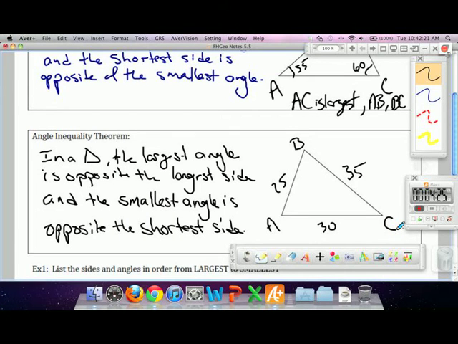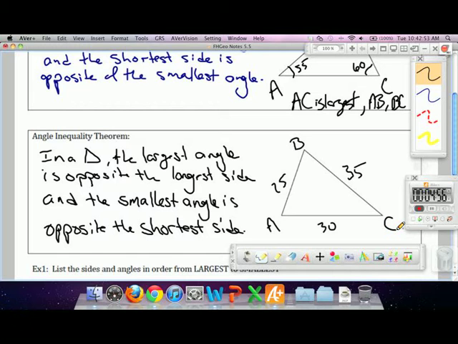So here's the longest side. There's got to be my largest angle. There's the next largest angle, B. So the next longest side is 30. Therefore, my next largest angle must be opposite of that, which is angle B. So then our smallest angle has got to be opposite the smallest side. Here's the smallest side. There's my smallest angle.